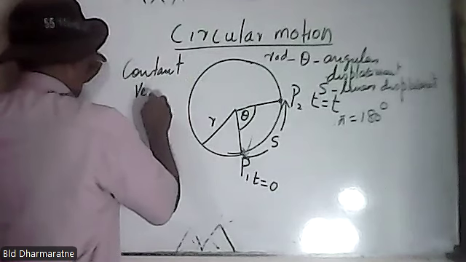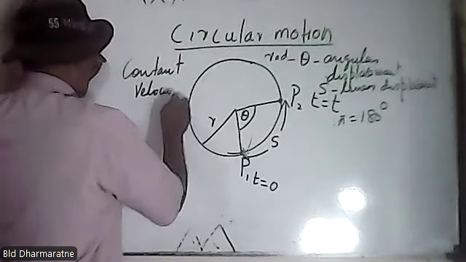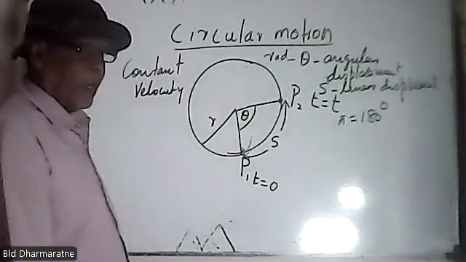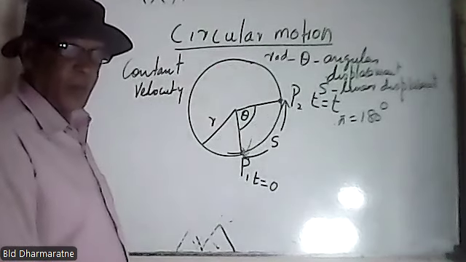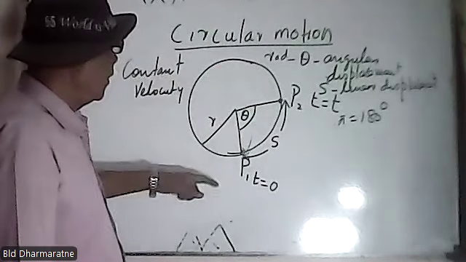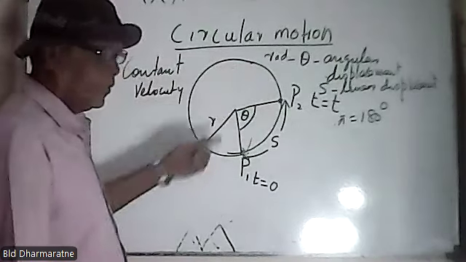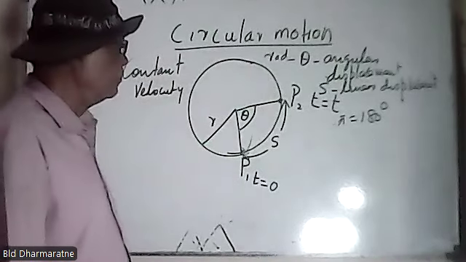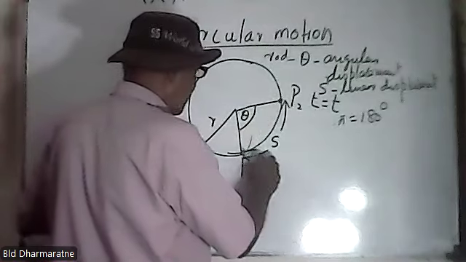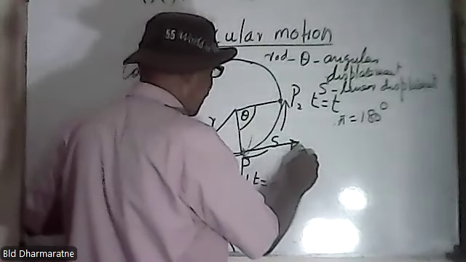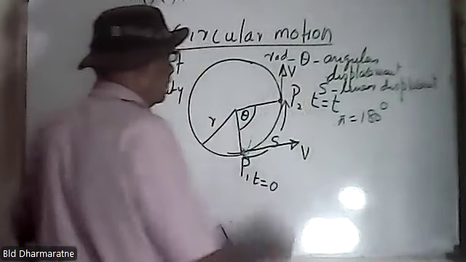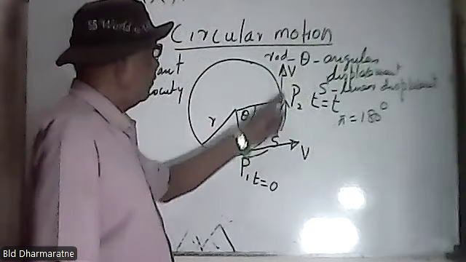In the other case it is not constant, and it will vary from time to time. The second part we will discuss later. Here, the velocity is all the time tangential. V here, V here, V here, V here. Velocity V.